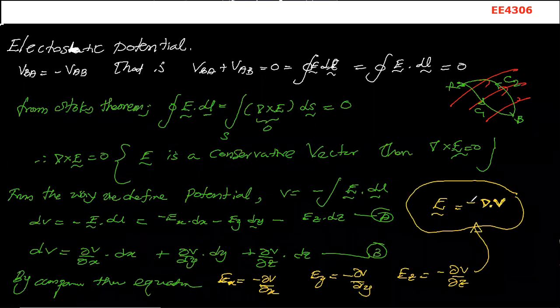So the gradient of the scalar field represents the electric field intensity. This is an interesting finding.